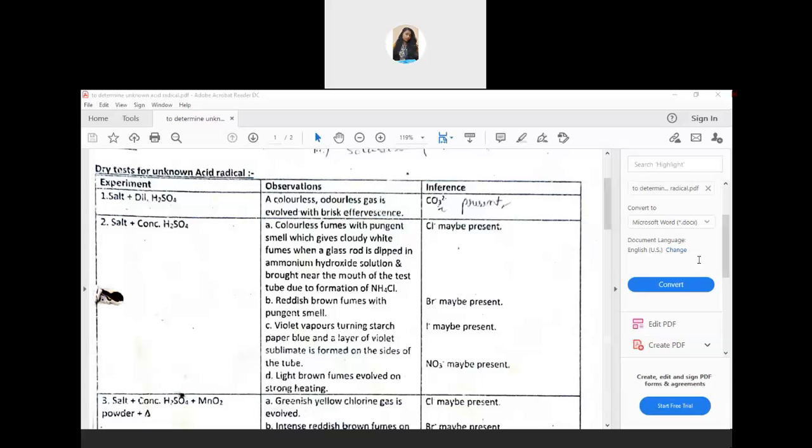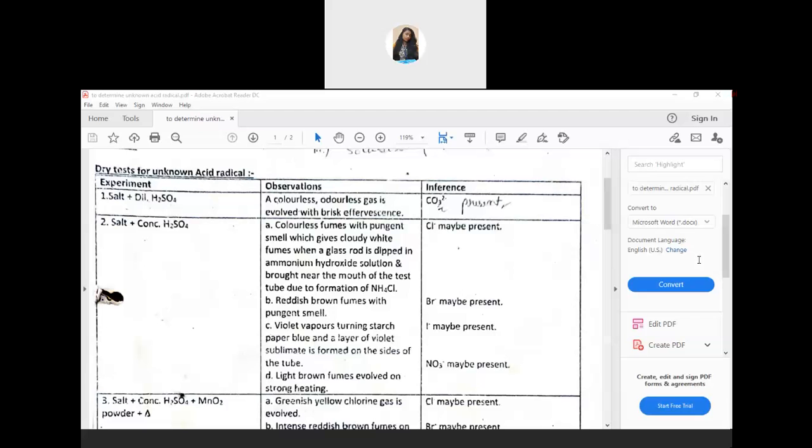We are going to do this experiment in the first test tube, so the test tube should be dry first. The first test is salt plus dilute H2SO4. You have to take a pinch of salt and add dilute H2SO4.